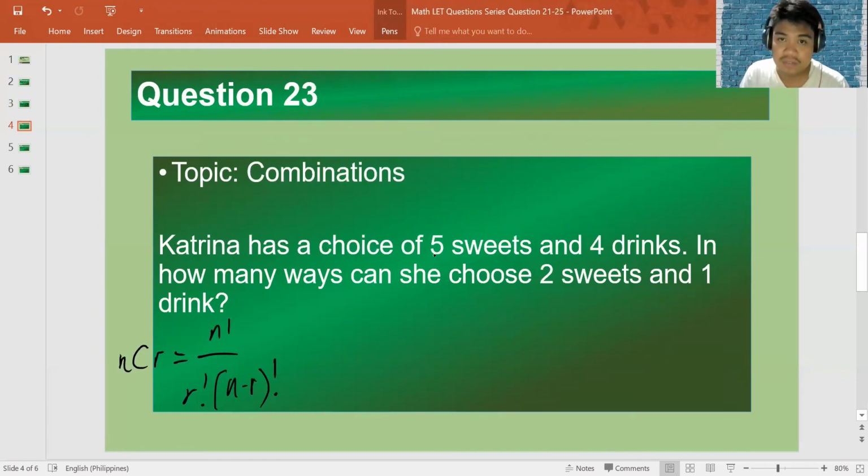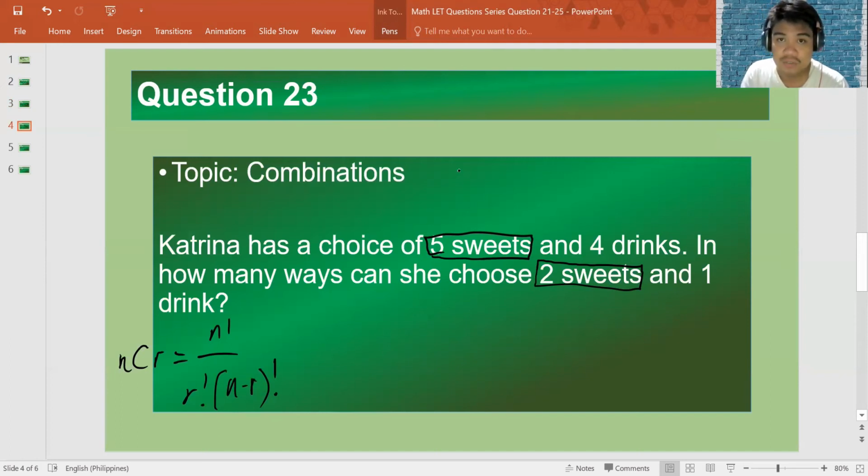So in this problem, let us first consider sweets. We have 5 sweets, and how many ways will Katrina choose 2 sweets out of those 5 sweets? We don't care whether she picks sweet number 1 or sweet number 2 first, so this is about combinations.